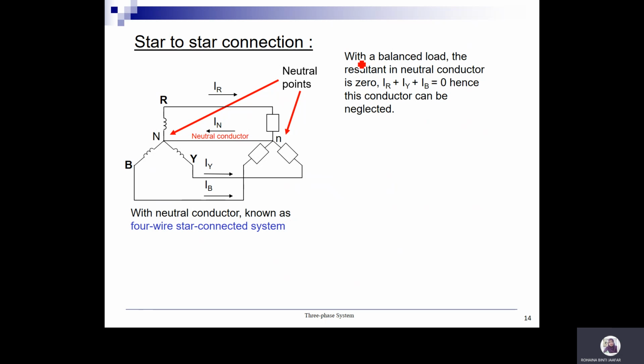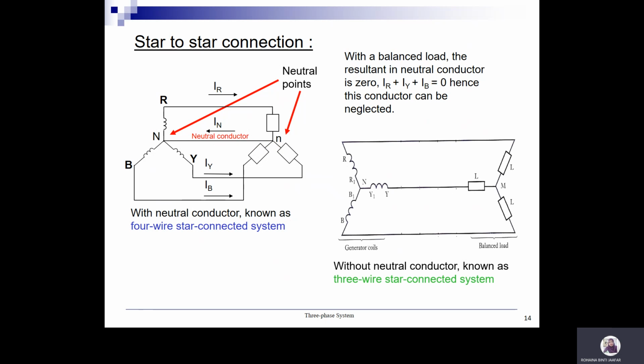With a balanced load, which we will learn to identify afterwards, the resultant in the neutral conductor is 0. So the current through red phase plus yellow phase plus blue phase equals 0, so you can neglect the IN. If the system doesn't have a neutral wire, it is known as a three-wire star-connected system.